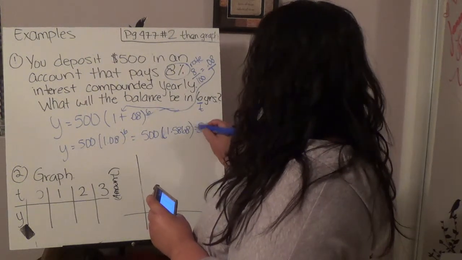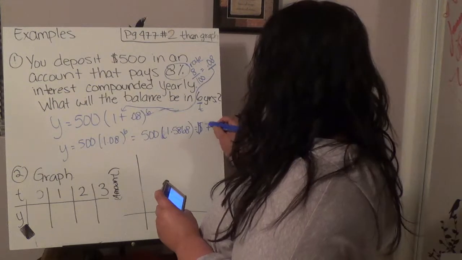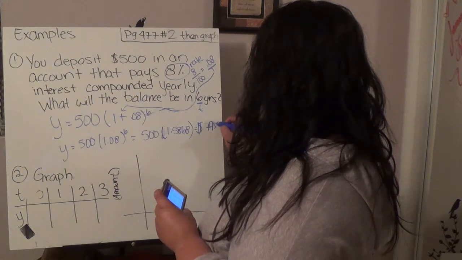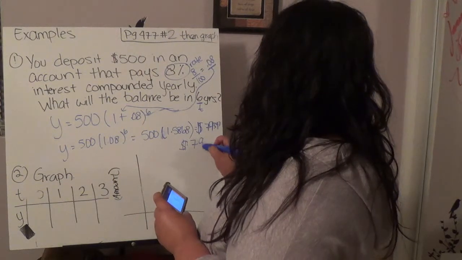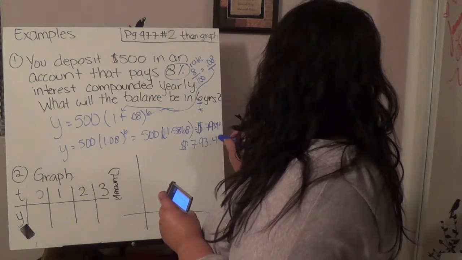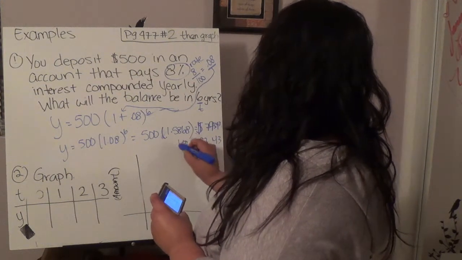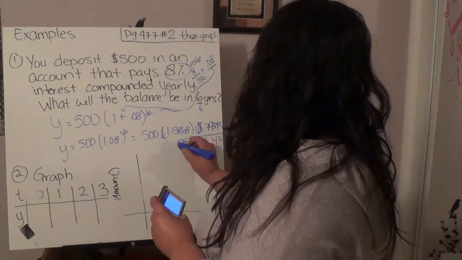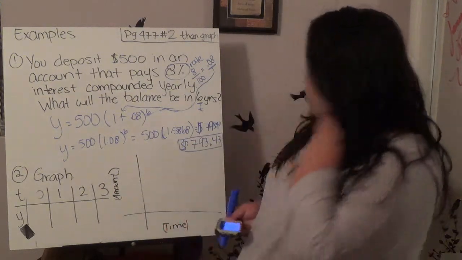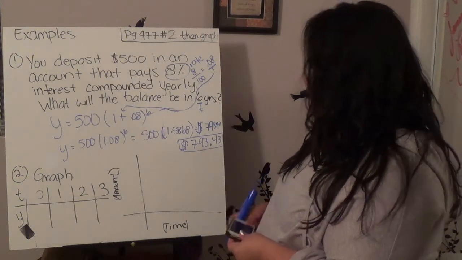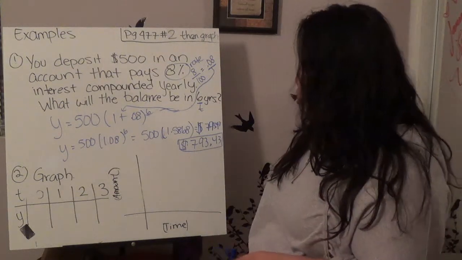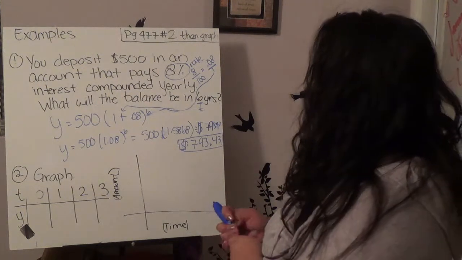So, $793.43. So in 6 years, I made almost $300 by just leaving that in the bank.